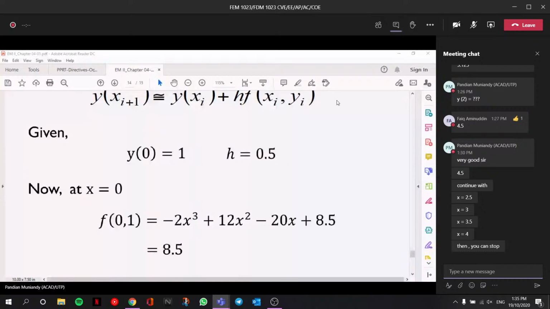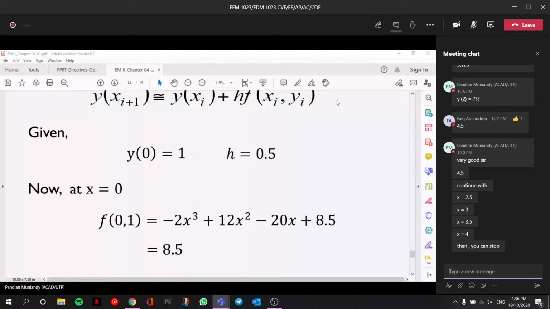But it's not necessary to stop at 4. You can investigate further if you want to. But I think it is sufficient because it's not easy to do manually, by hand, using a calculator, pressing and then getting the answers. So this is what we call time consuming.